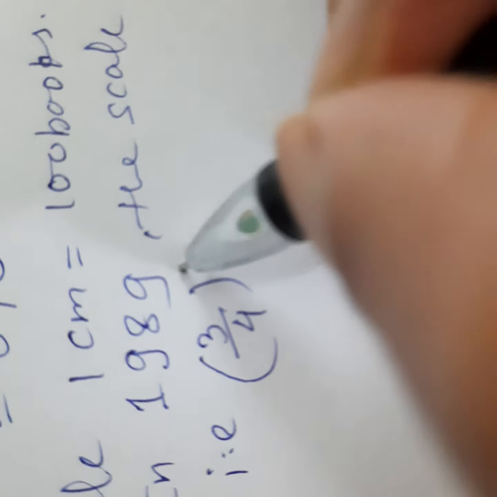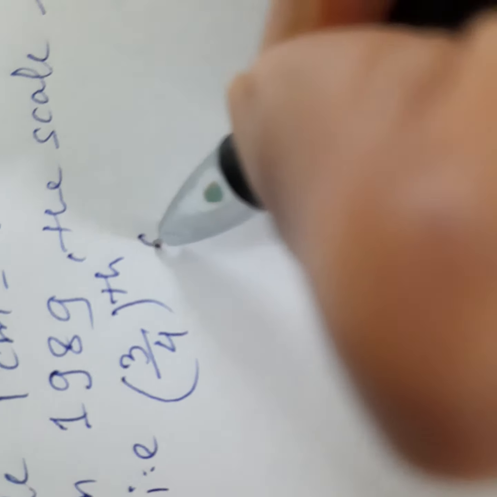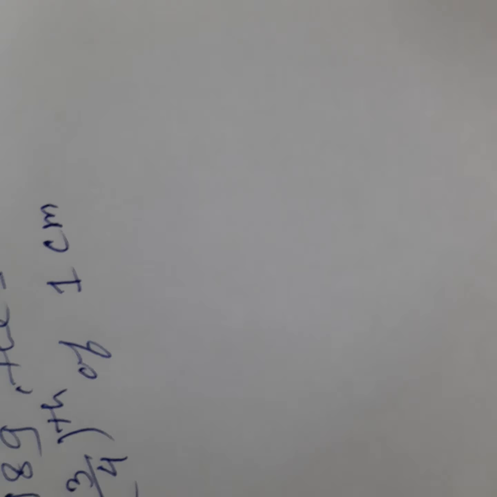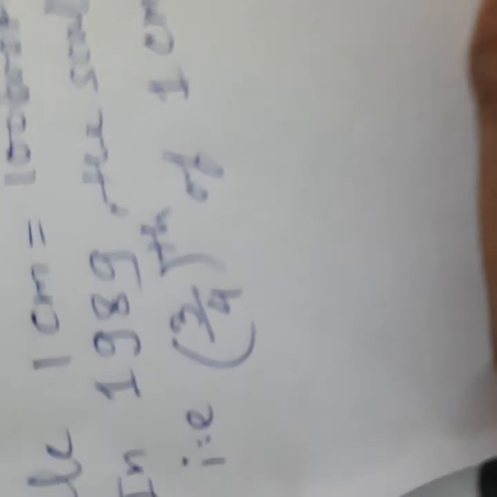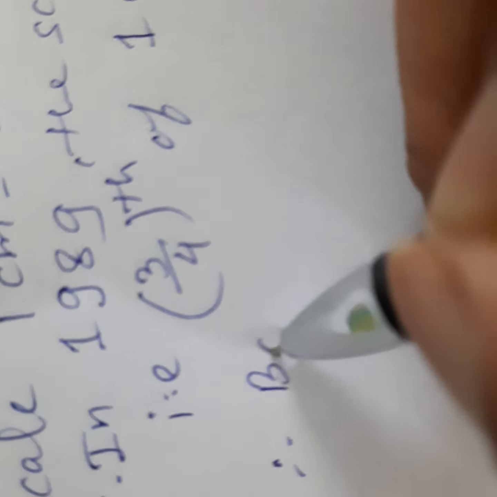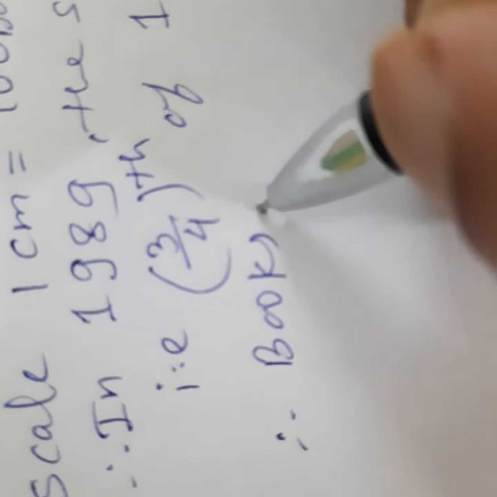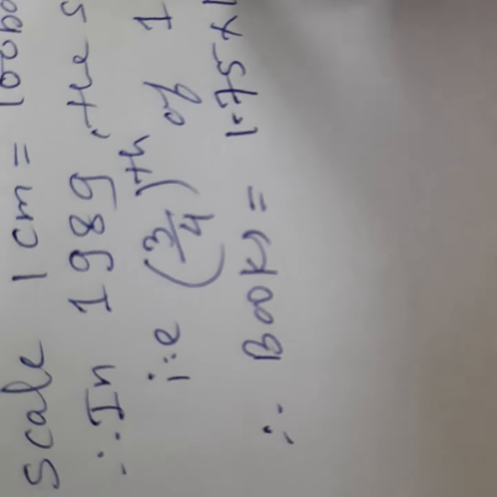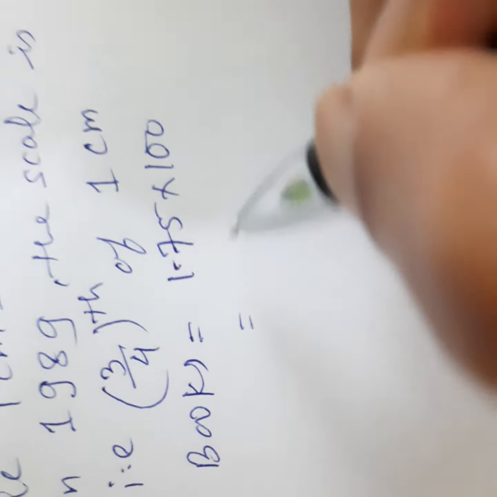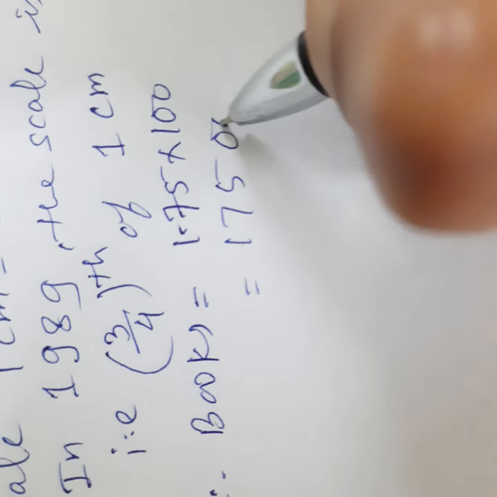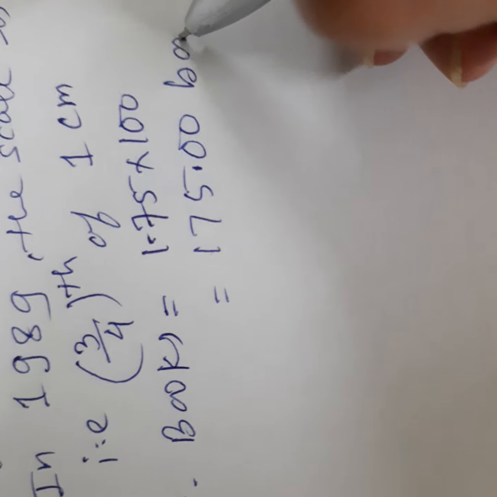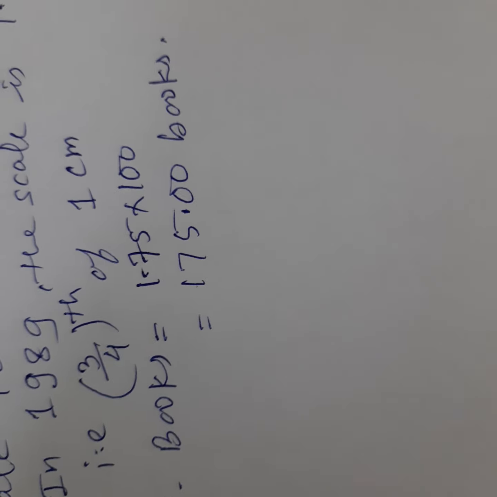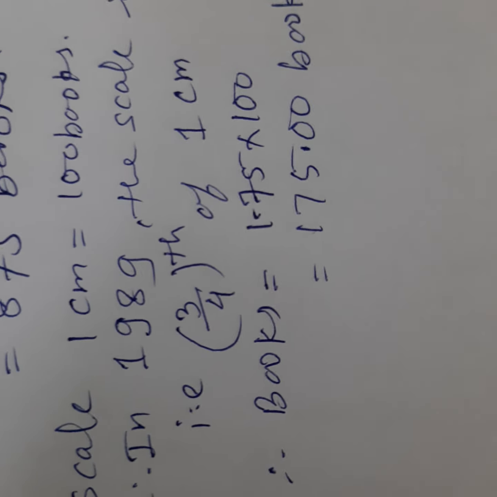Since it is nearer to 200, we take it as 3/4 of 1 centimeter. Therefore the books equal 1.75 into 100, that is 175 books were sold in 1989. Okay.